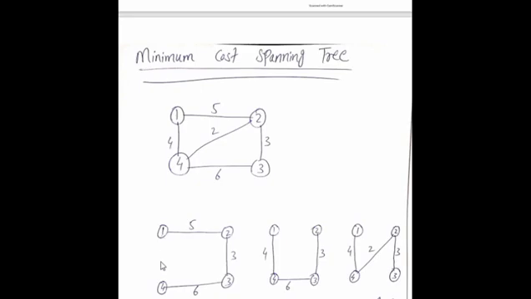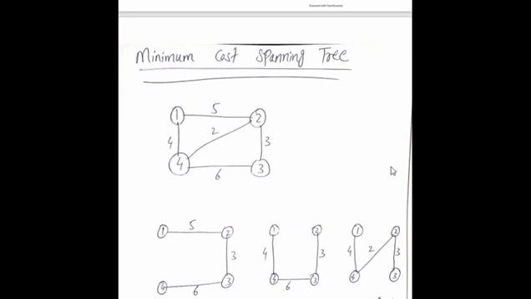In the second spanning tree, we haven't joined 1 to 2 because in a spanning tree we cannot have a cycle. Similarly, in the third spanning tree, we haven't created a cycle. Here the edges have weights, so we can calculate the cost of every spanning tree. How do we calculate the cost of a spanning tree?